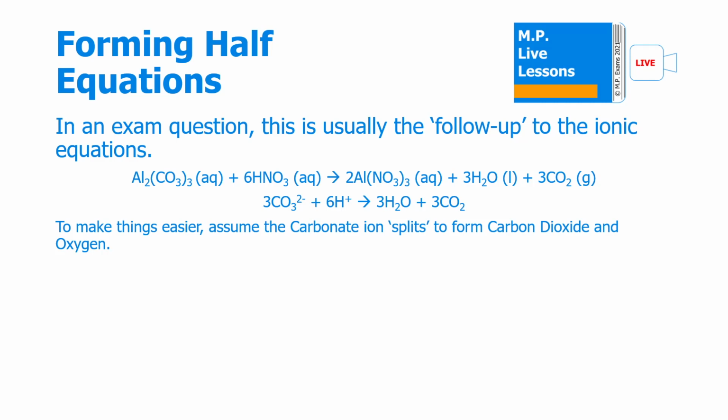So let's start with the carbonate ion. So what happens to this here? So our carbonate ion on the left, 3CO3 2 minus. Now this will soon become neutral and split somehow. So to become negative to neutral, it needs to increase in charge. So this is going to lose electrons.